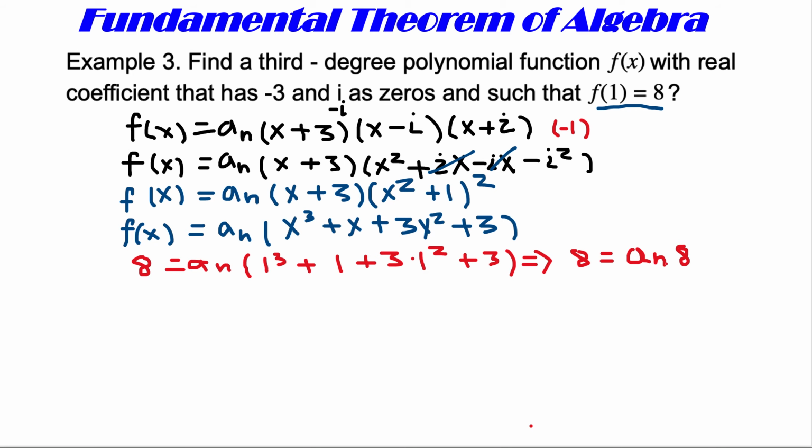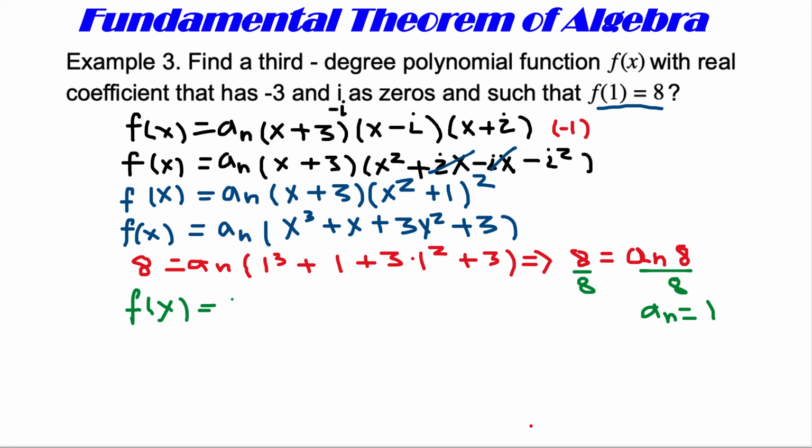And if I divide everything here by 8, finally I can find a_n is equal to 1. So this is a_n. And now instead of a_n, in f of x I can plug in 1.